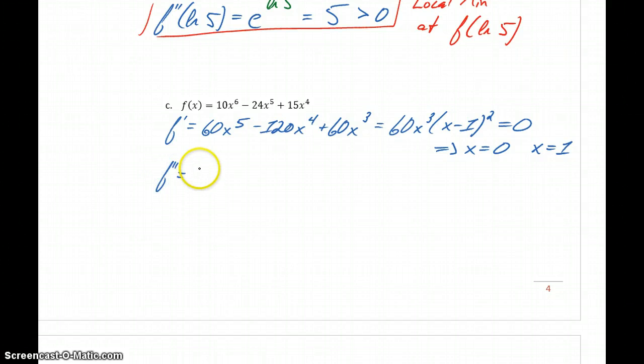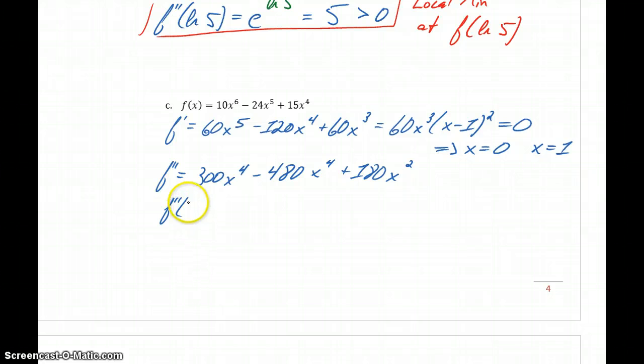So our second derivative will be 300x to the 4th minus 480x cubed plus 180x squared. So we'll evaluate the second derivative at 0, which will give us 0 minus 0 plus 0, or just 0. And we evaluate the second derivative at 1, which will also give us 0.